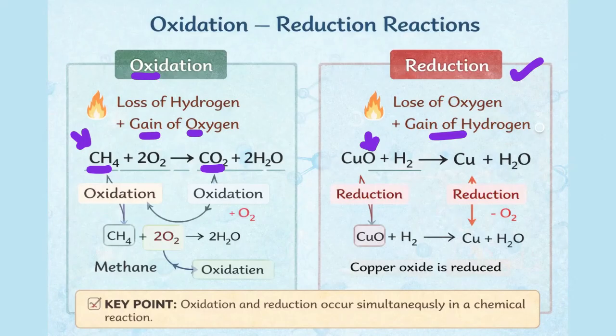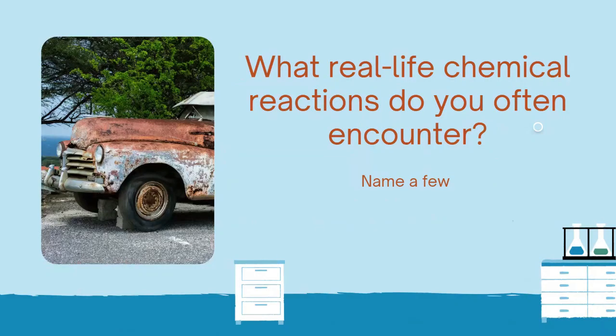So key point here is oxidation and reduction occur simultaneously. If something is getting oxidized, the other reactant must be getting reduced. Only then this can happen. So both reactions happen together. Where you will see oxidation, reduction will also be there. Okay. Now let's move forward.